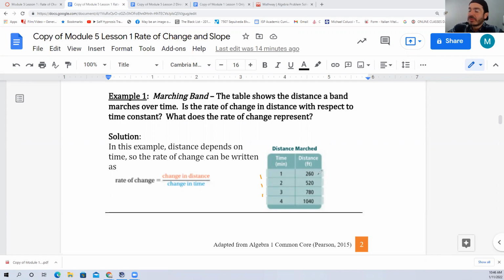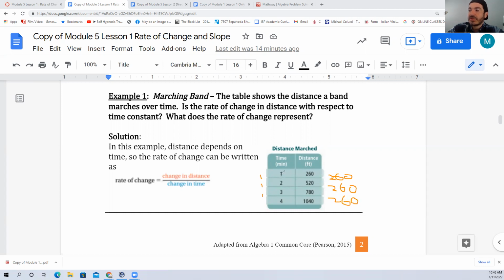For the change in the dependent variable, well, 260 to 520 is 260. 520 to 780 is 260. And 780 to 1040 is also 260.